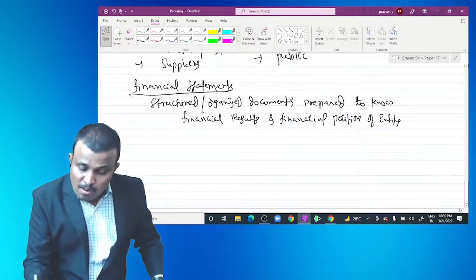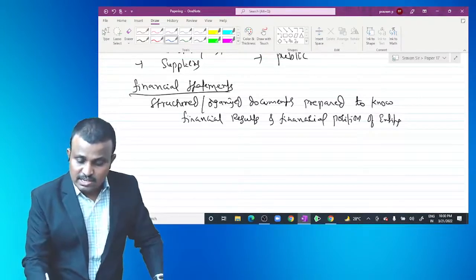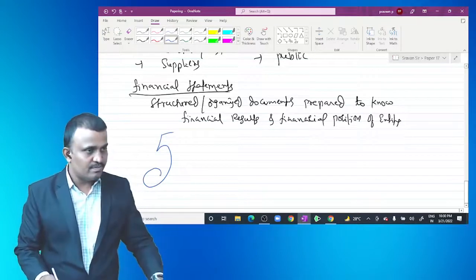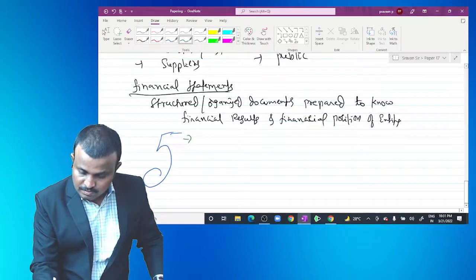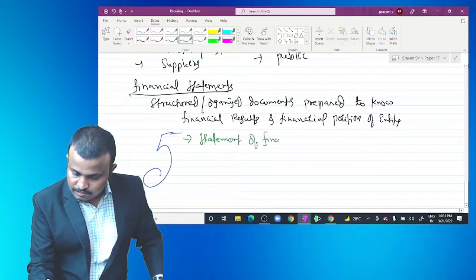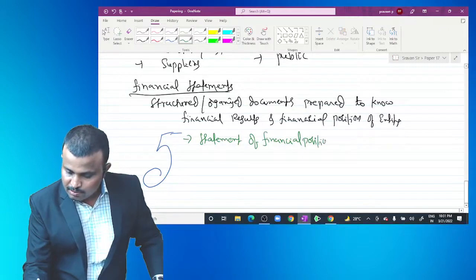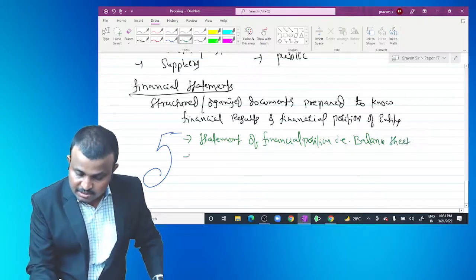So, coming to the components of the financial statements, there are five components. The first one is the statement of financial position, that is the balance sheet.